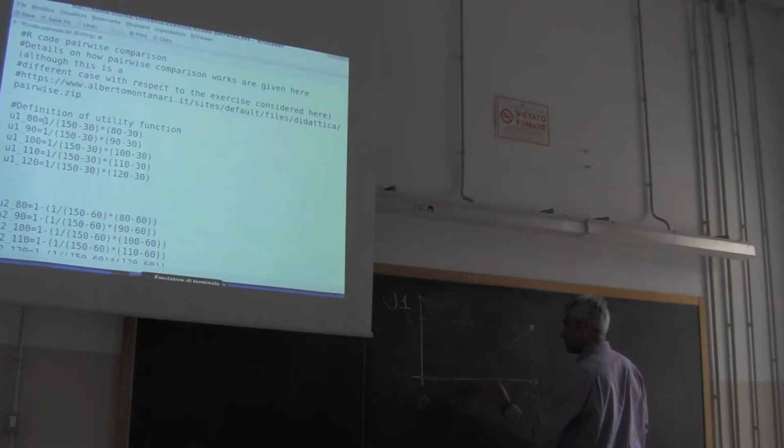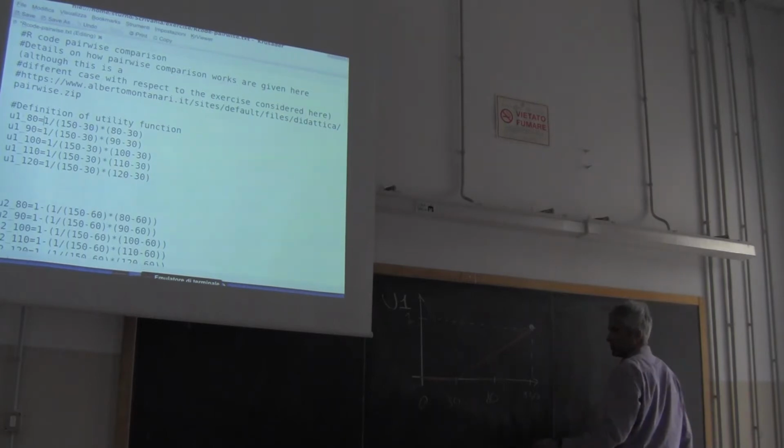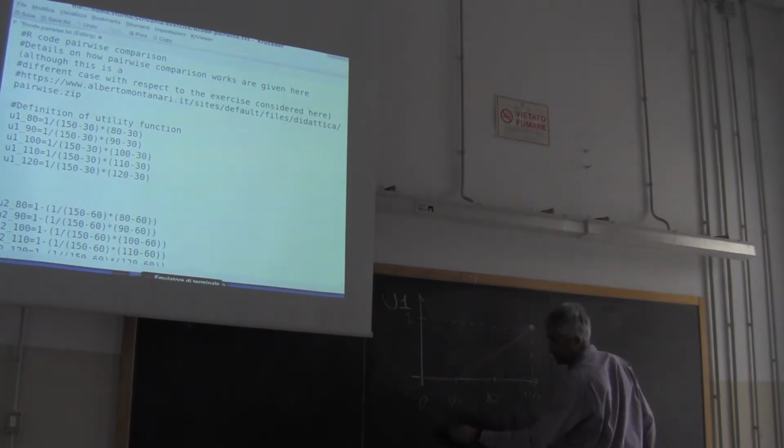Now we have to compute the utility of 80, which is somewhere here. First we have to compute the slope, and here we have a span of 50.